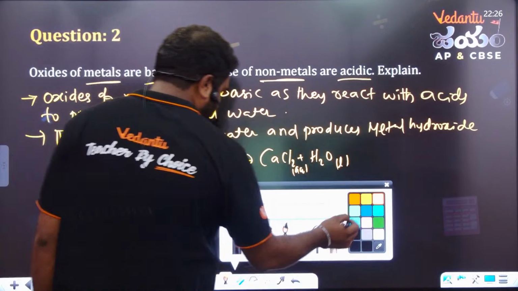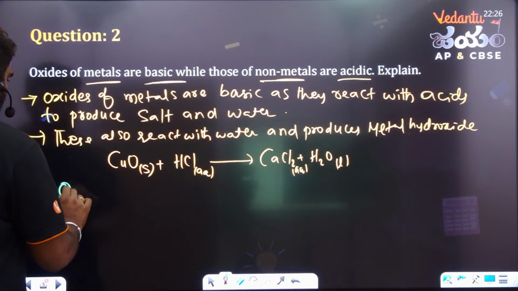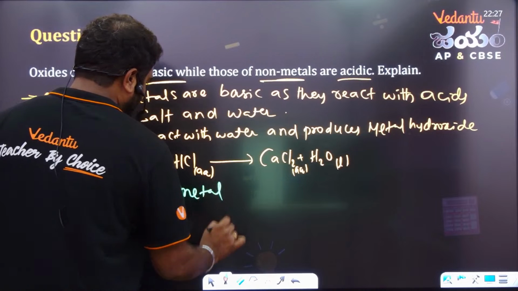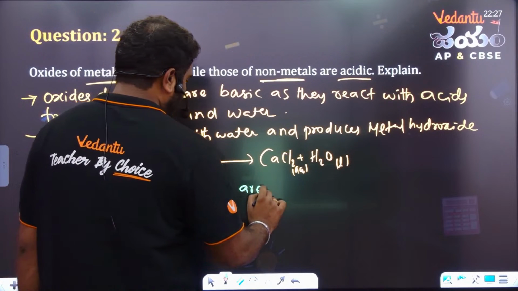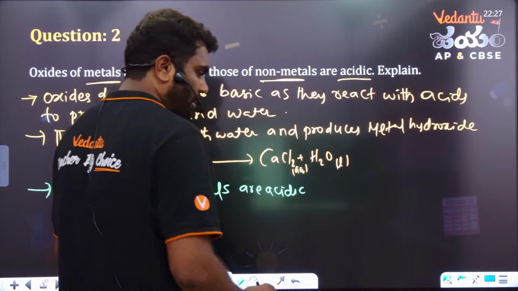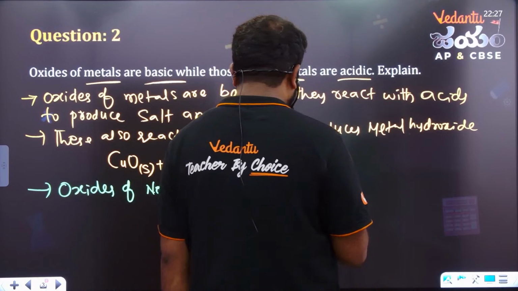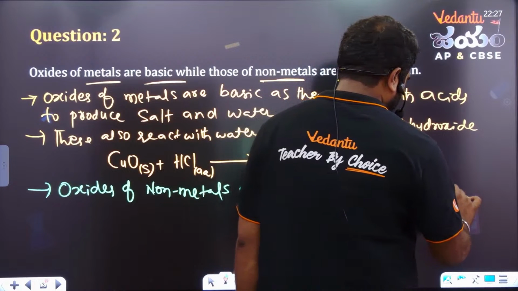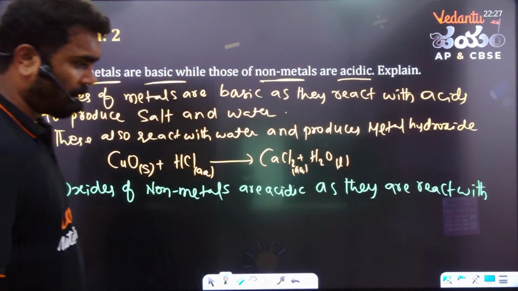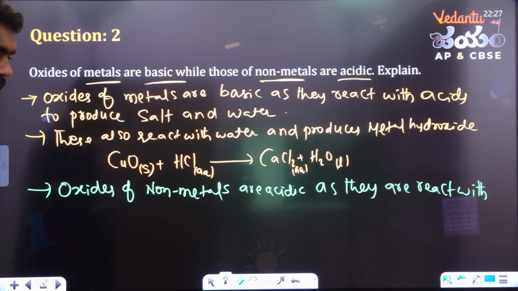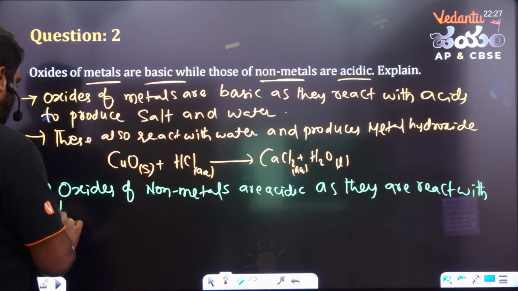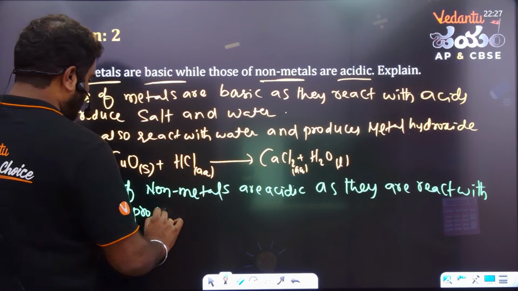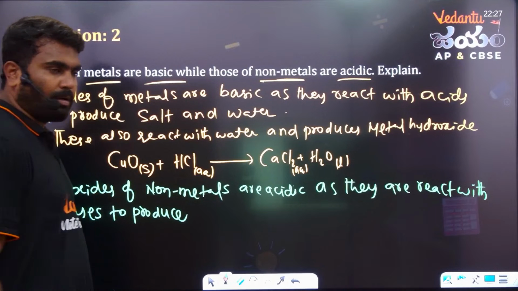Next, oxides of non-metals are acidic in nature, as they react with bases to produce salt and water again.